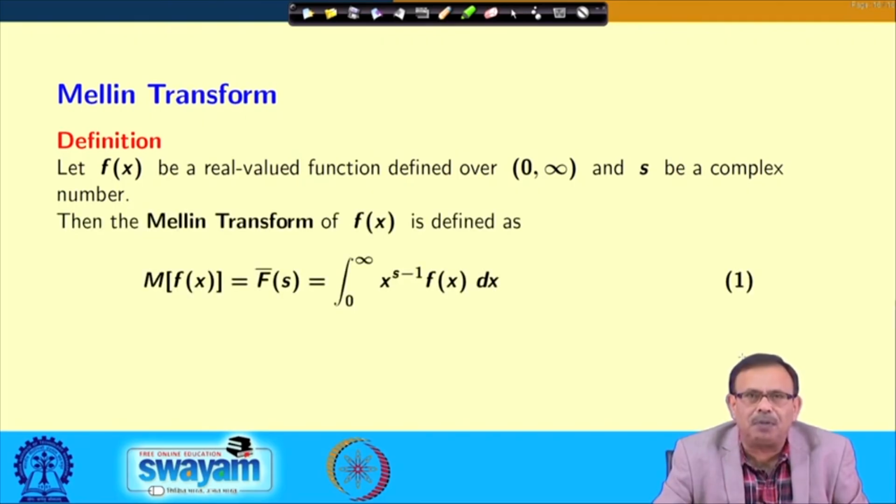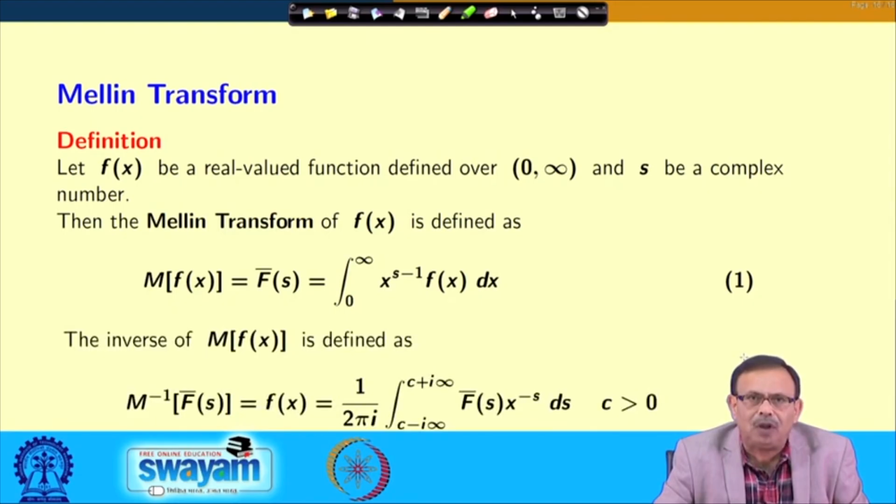Then the Mellin transform of f(x), which we denote as M of f(x), is F bar, which is equal to the integral from 0 to infinity of x to the power s minus 1 into f(x) dx, where s is a complex number. So, basically for Mellin transform, the kernel is x to the power s minus 1. Whenever I change the kernel, I get another transform.